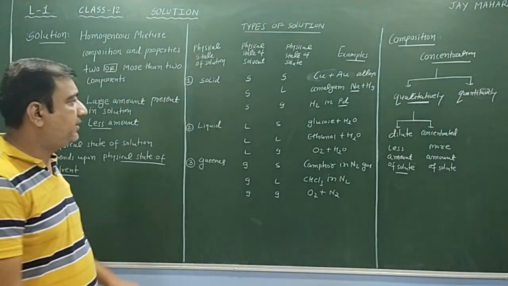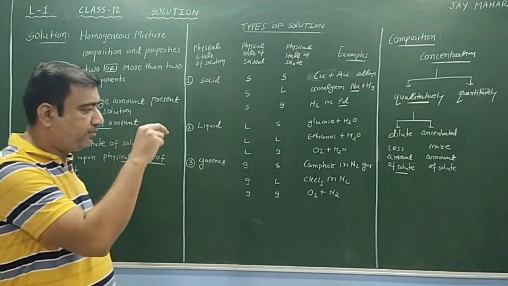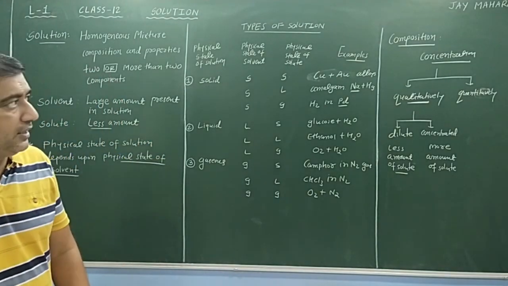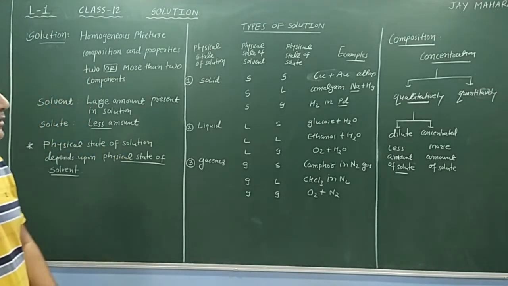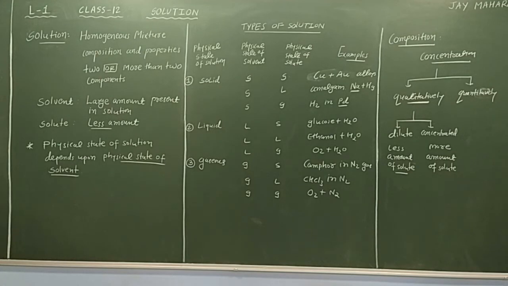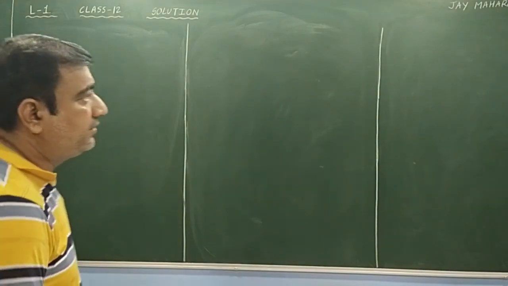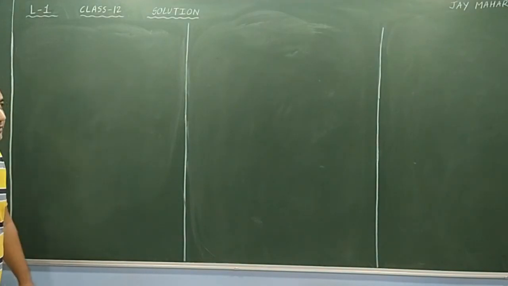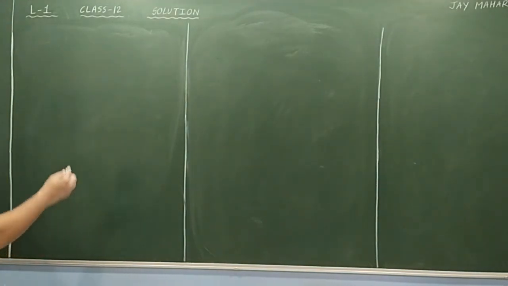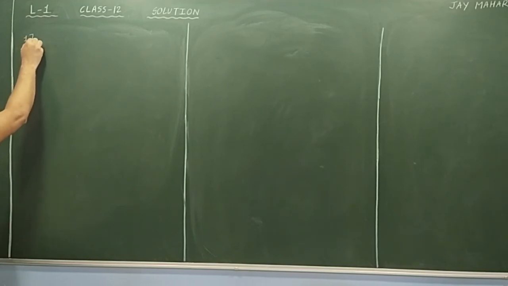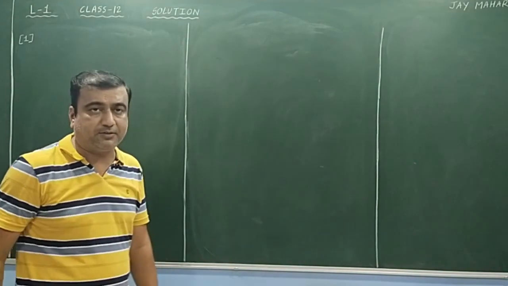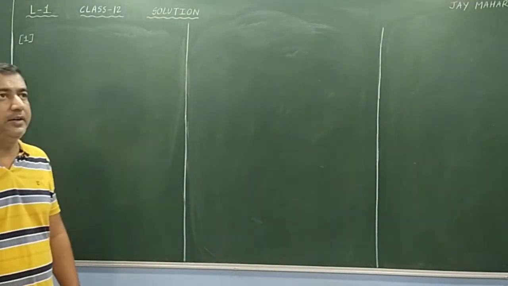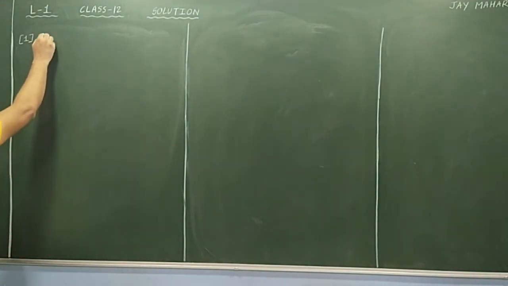So now we are discussing various methods for expressing concentration quantitatively. The first method is the percentage method. Percentage of the solute can be expressed in various ways: mass percentage, volume percentage, and mass by volume. The first is mass percentage.